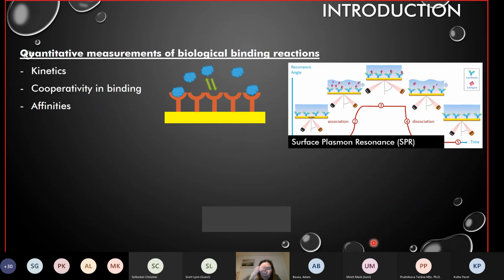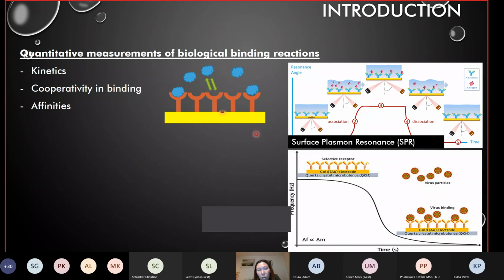And as we are doing biophysics, of course, we are also interested in the kinetics or cooperativity in our binding or affinity. I just brought two common tools to measure the quantitative reaction of our biological molecules. One is SPR, and the other is QCM, quartz crystal microbalance.